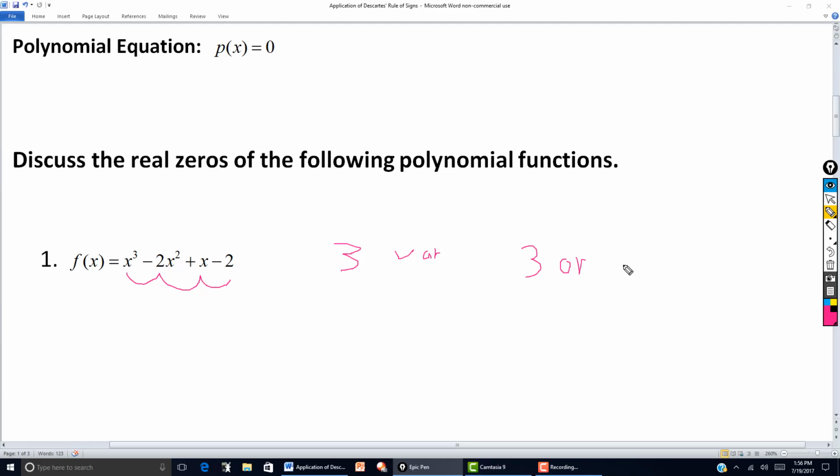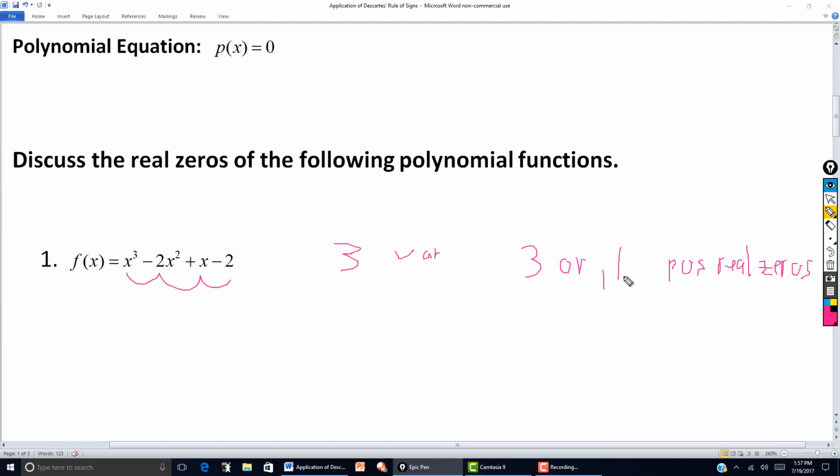So this one then has 3 or 1 positive real zeros. Okay. So again, these are possibilities. So this is simply saying it could have 3 positive real zeros, or it could have 1. You don't really know until you find them.